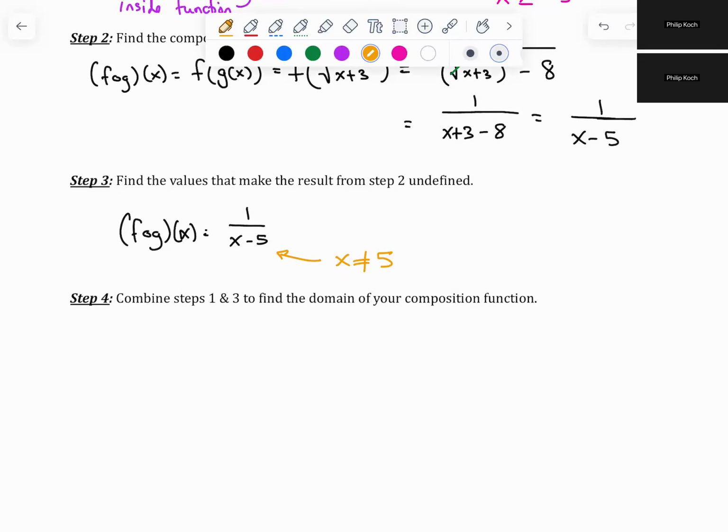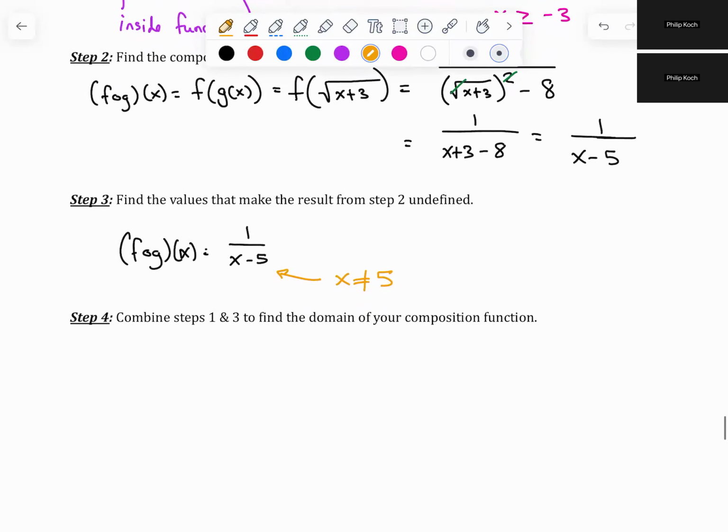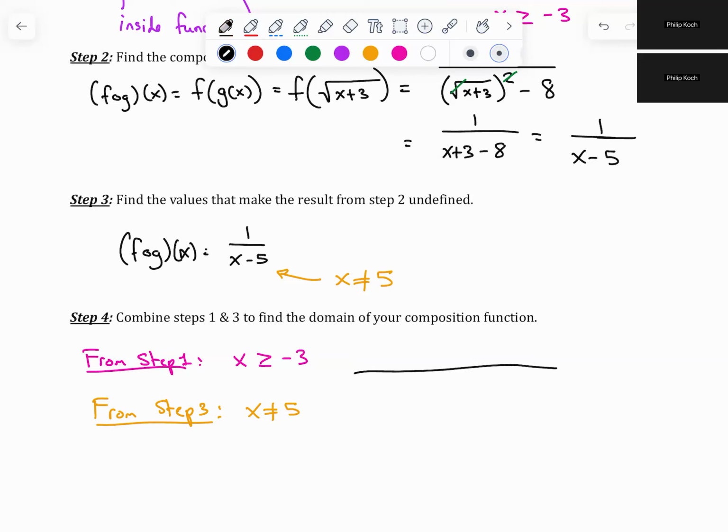So from step 1, x needs to be greater than or equal to -3. And from step 3, x can't equal 5. So you might be able to see this already, but if you don't, we can use a number line.